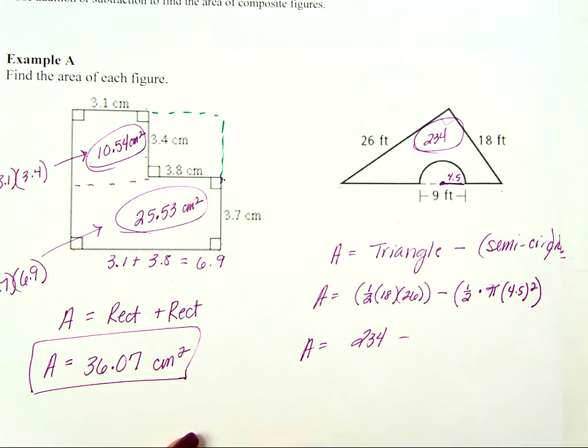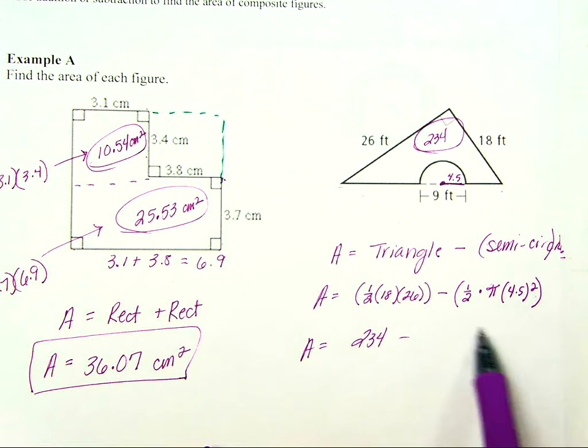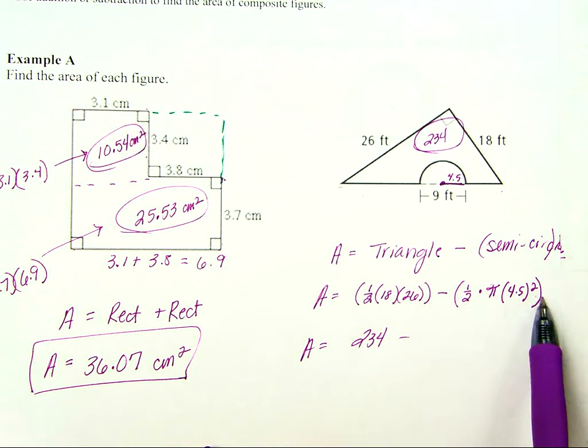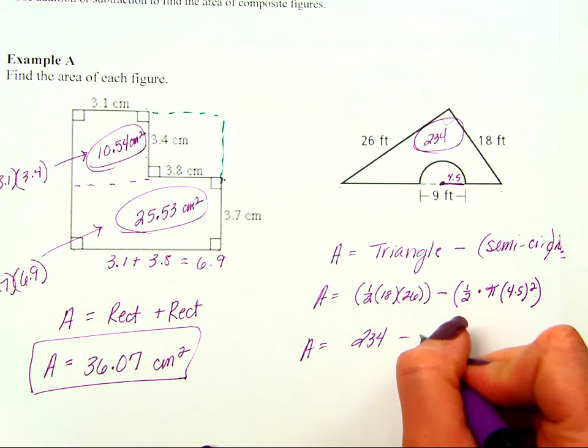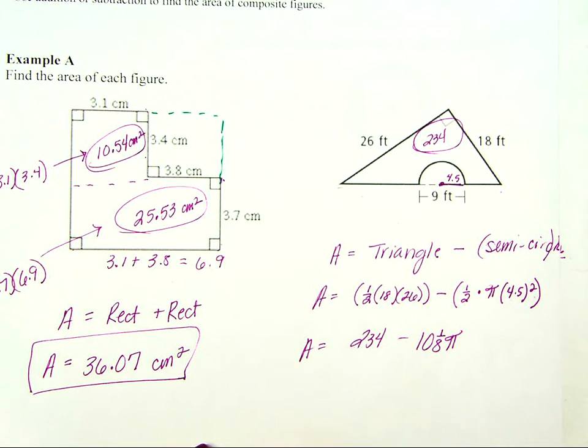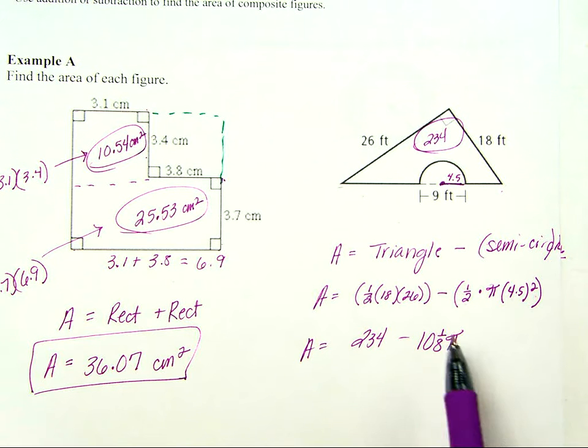Now, if I wanted to simplify this in terms of pi, I would take the 4.5 squared, and then take it times half. When you do that, you actually get 10 1/8 pi. So in terms of pi, this is about all I could do with that answer.